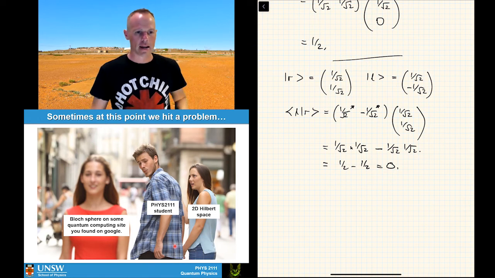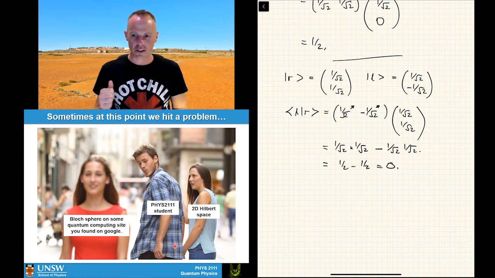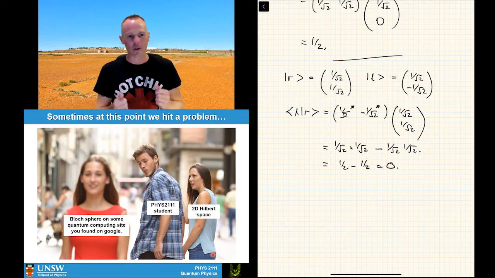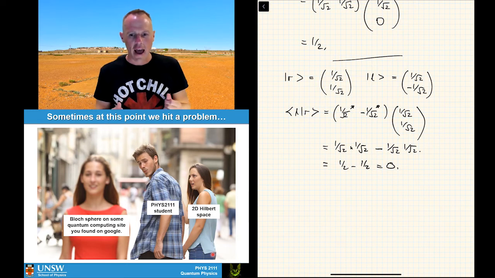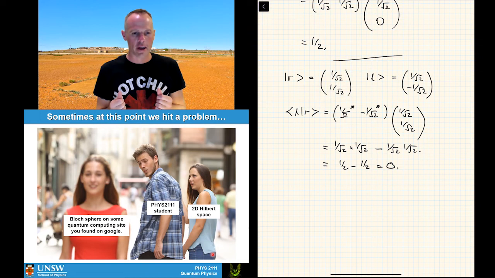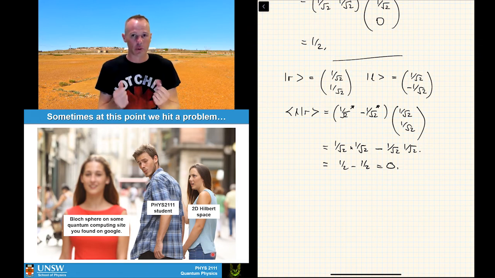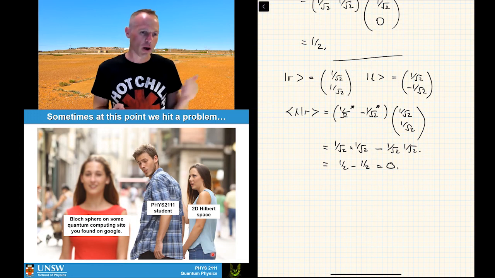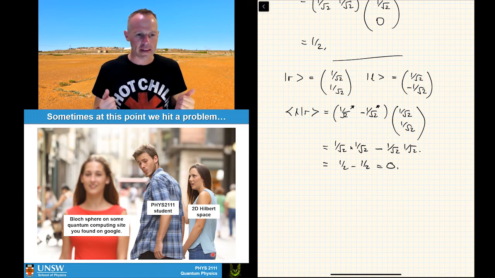A PHYS2111 student comes in, starts learning about 2D Hilbert spaces, starts looking on the internet for this, that, and the other thing, and all of a sudden finds a thing called the Bloch sphere. If I was teaching this subject 20 years ago, I absolutely wouldn't have this problem. The problem has come about for two reasons. One, we have the internet now. The other is that we have quantum computing.